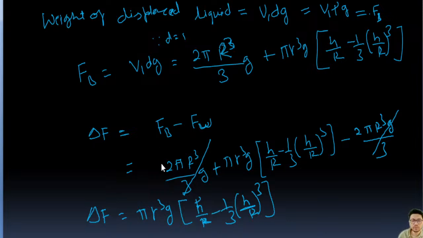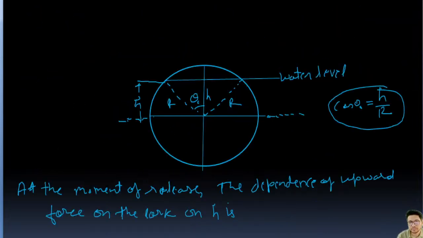So what is asked in the question? At the moment of release, the dependence of upward force on the cork on h. How is this force dependent on h?